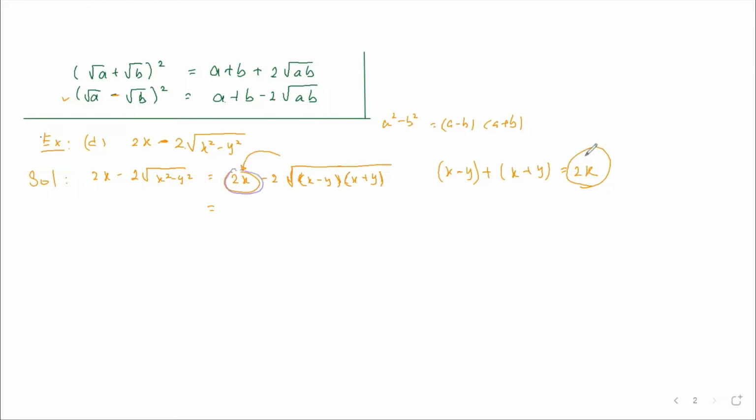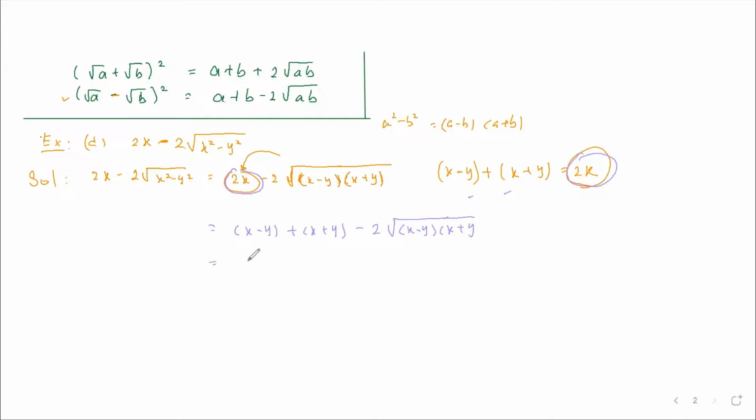This one is the same, right? So now I can take this one, this time I write it down with a plus. So from this 2x here, I can write it down as the two brackets: x minus y, and then plus x plus y, minus 2 square root of (x minus y) and then (x plus y).